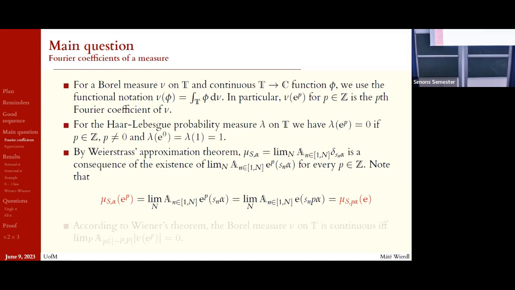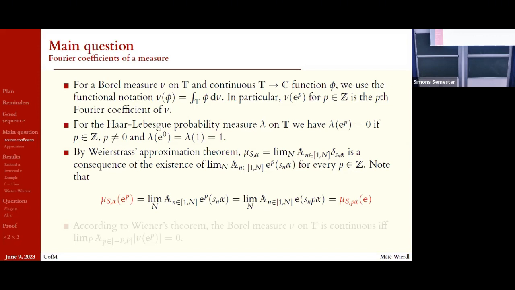So we can call this actually the p-th Fourier coefficient of these discrete measures, for every p in Z. Note the following, and actually what you really want to note is the beginning and the end here. The p-th Fourier coefficient of the limit measure at alpha is the same as the first Fourier coefficient of the limit measure at p alpha.